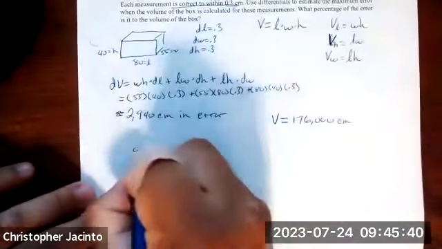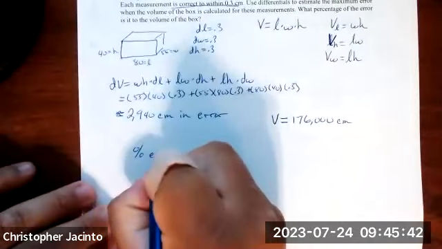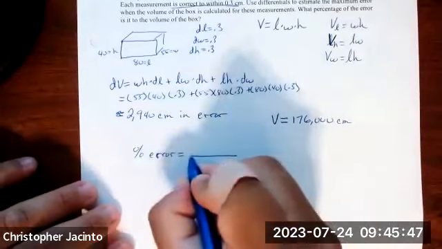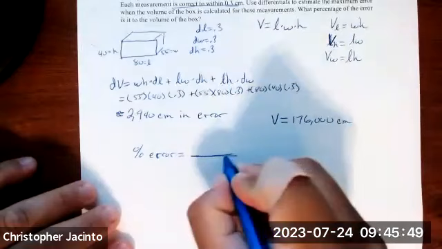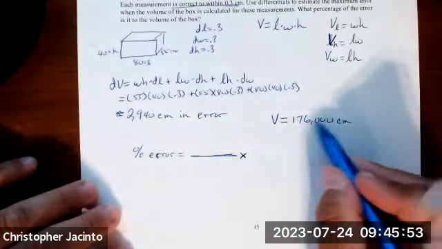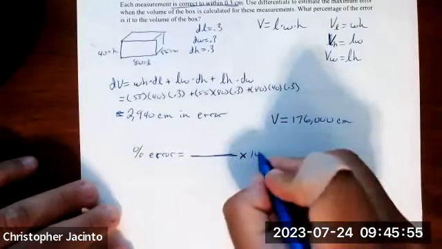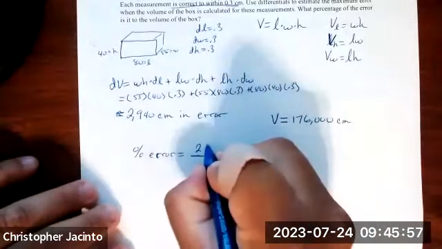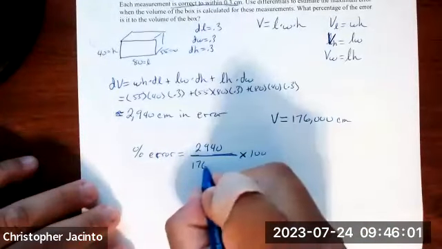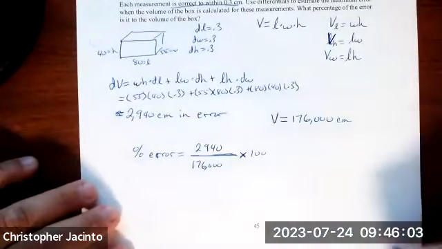And just in case you guys forgot or are not sure, percent error is always equal to the error itself divided by the total volume we have, times 100. So our error in this case is what we got earlier, and the bottom is the entire volume itself without any error.